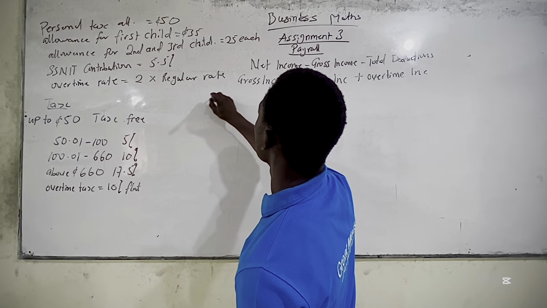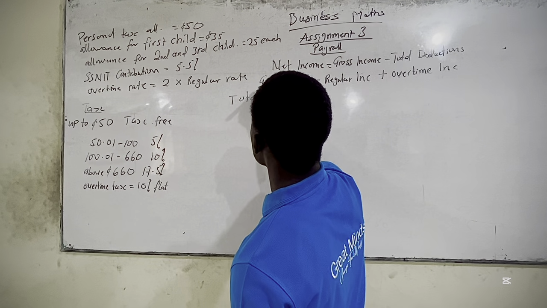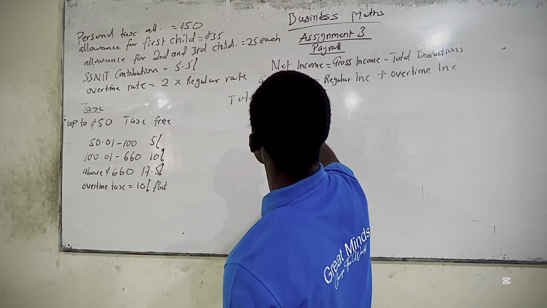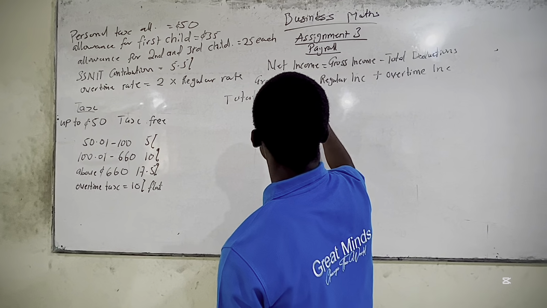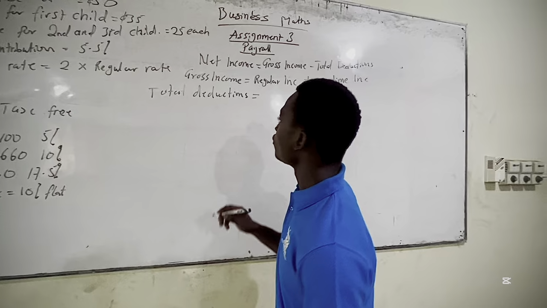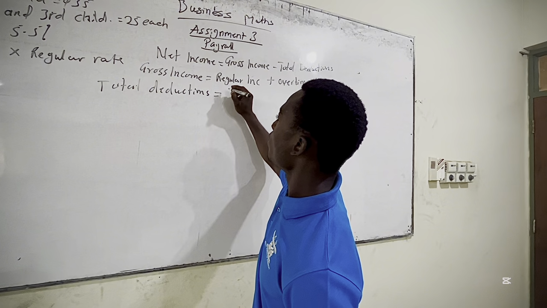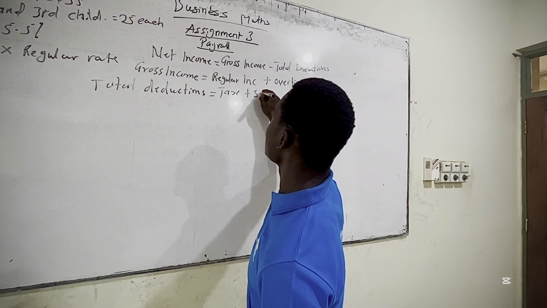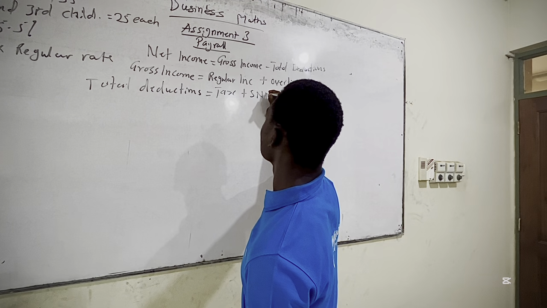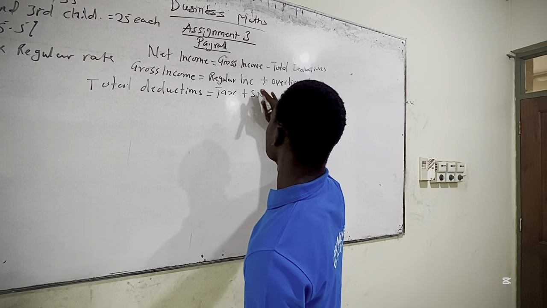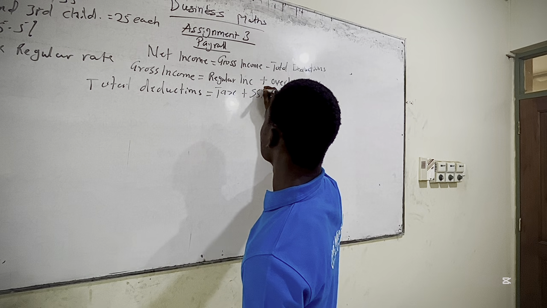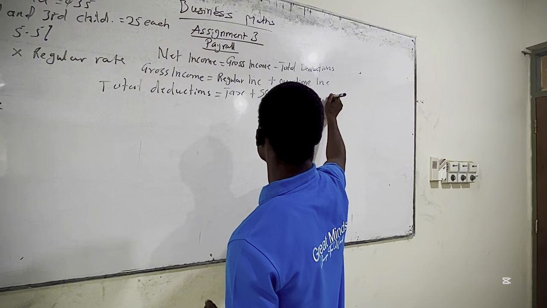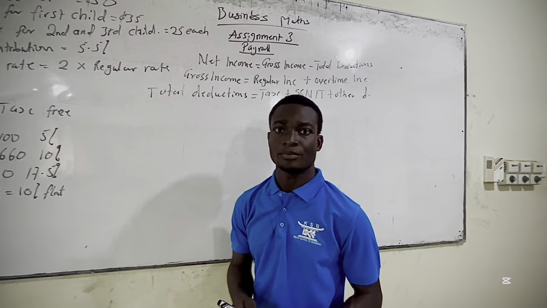And then total deductions is equal to tax plus SNIT plus other deductions.